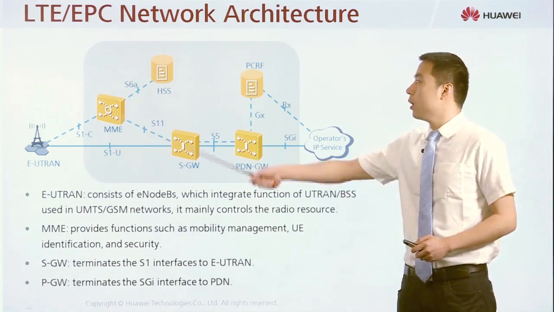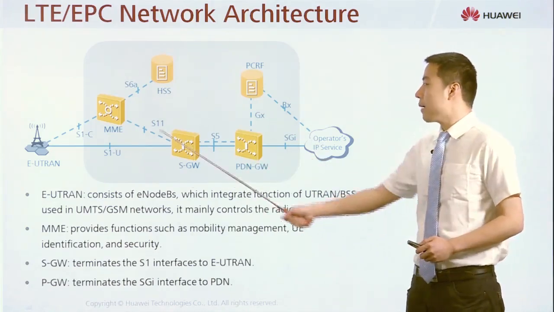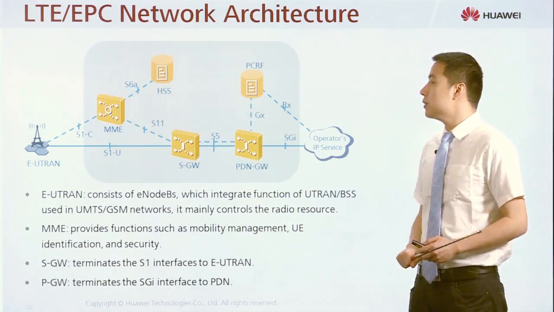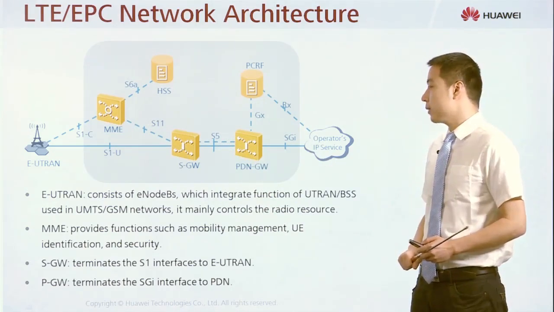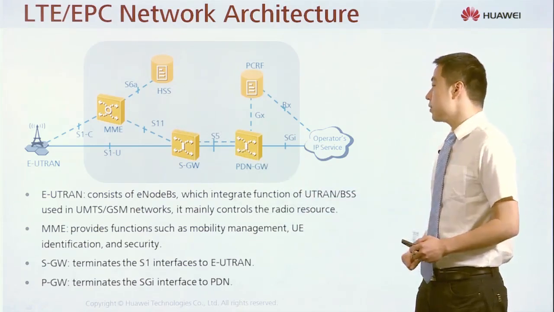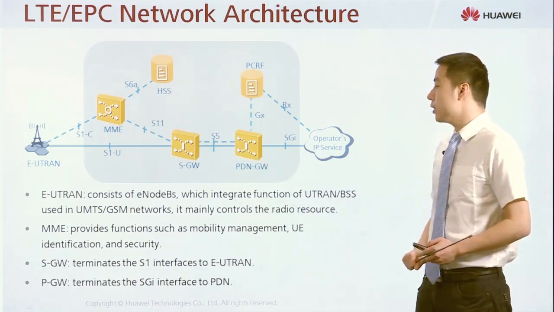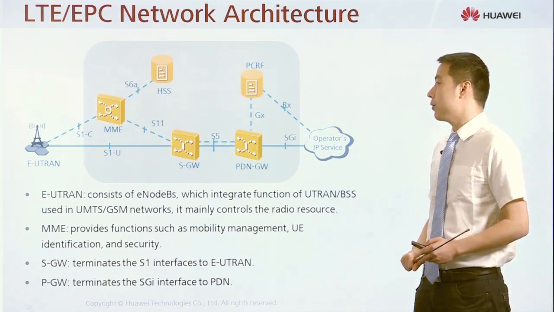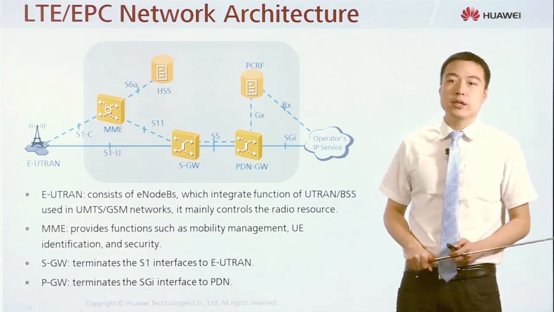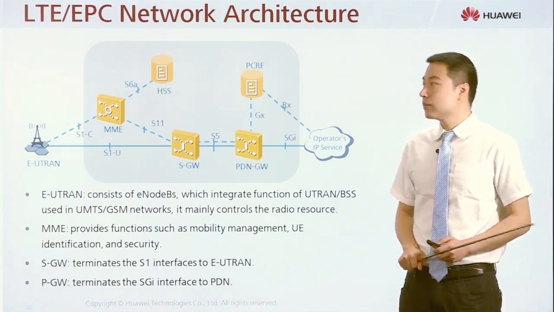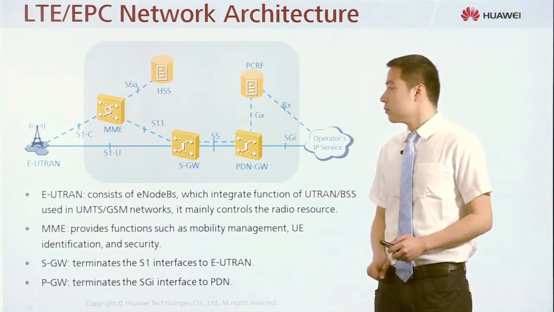And for the core network, we have the MME. Here, MME means Mobility Management Entity. It provides functions such as mobility management, UE identification, and security. Here, the MME works in the control plane and processes the signalings.